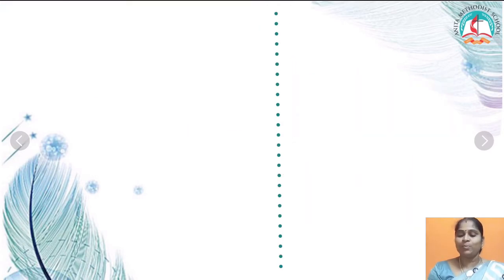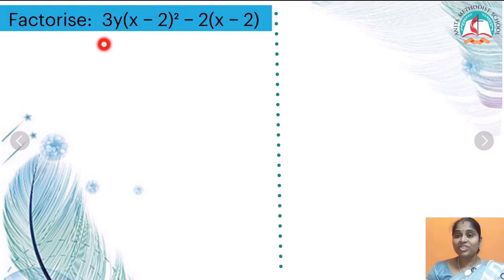Look at the next problem. Factorize 3y(x minus 2) the whole square minus 2 into (x minus 2). How many terms do we have in this polynomial? Yes children, we have 2 terms. What is the first term? 3y(x minus 2) whole square.